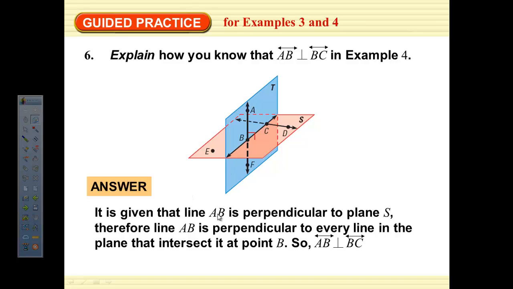It says that line AB is perpendicular to plane S, and we know that BC is in plane S, so therefore it would be perpendicular to it as well, and so therefore yes. That is one of your definitions, in fact, a line perpendicular to a plane. If we have that box there, then we know all the lines that are in the plane will be perpendicular to it, so yes, AB and BC are perpendicular. And that's it. Thanks.